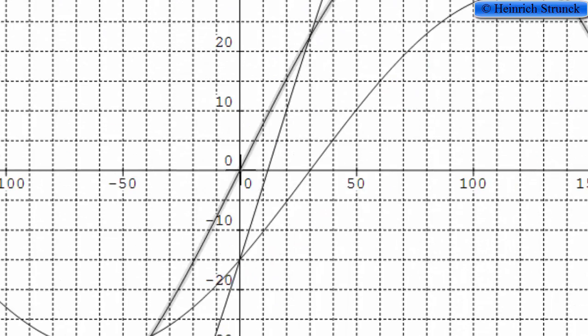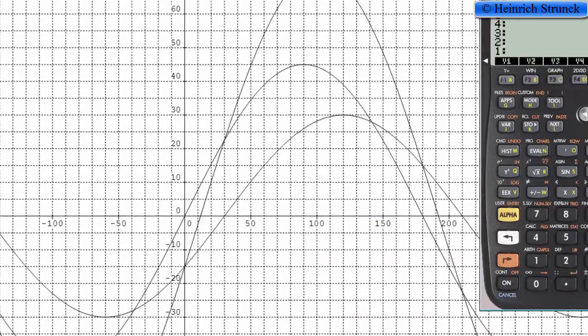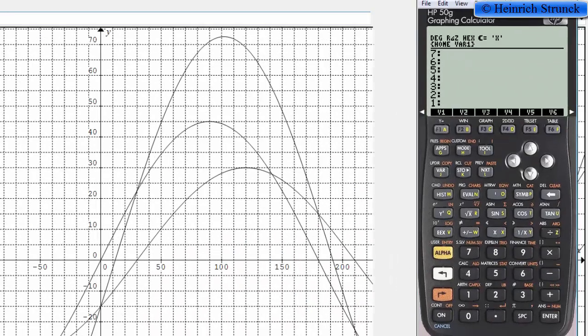The phase shift from the reference at 0 degrees, that must be when the sine curve goes positive and crosses the x-axis, and we can see that is at an angle of 11.9 degrees. Now we can try to check the result by using the calculator.